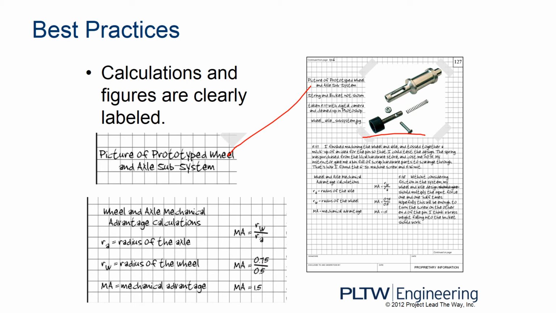This is my axle subsystem. When I was designing it, here are the calculations that I created. So here we have the wheel and axle mechanical advantage calculations. You will notice that they wrote down the equation and what each of the terms mean. So here's the equation, here are each of the terms. Then they have their math.